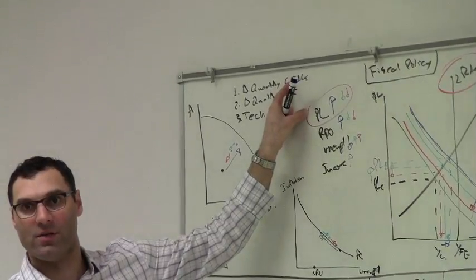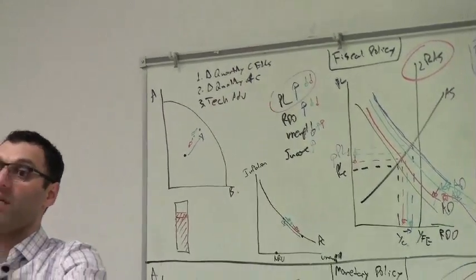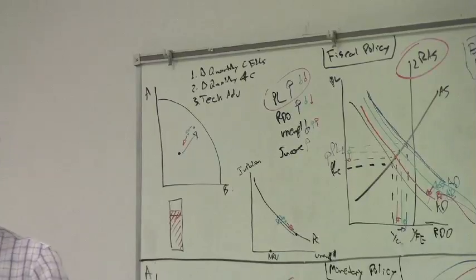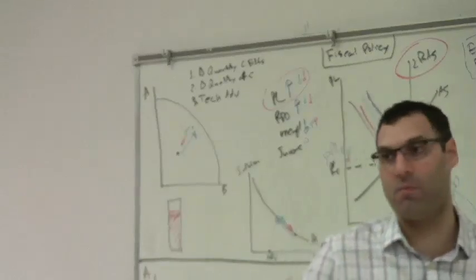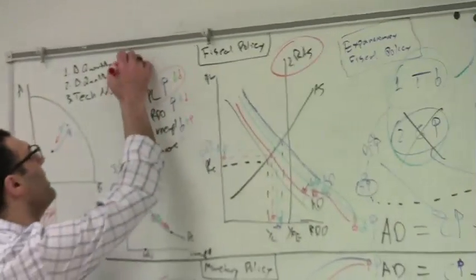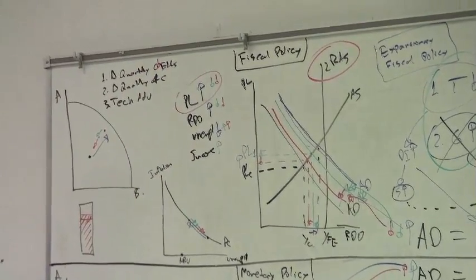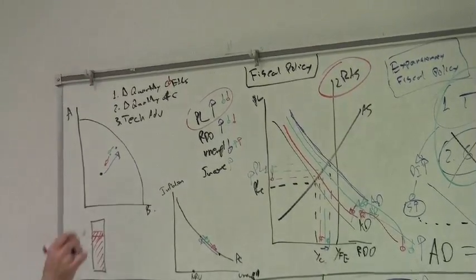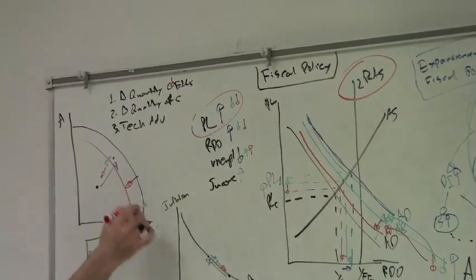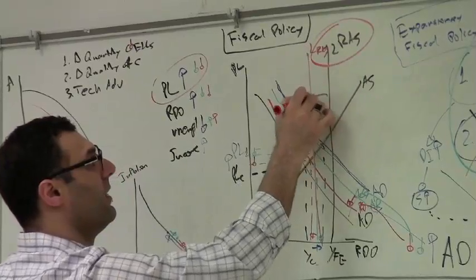Less, because investment is businesses investing in themselves. They're buying new machinery, tools, and equipment, and doing less of that because the cost of borrowing money is higher. So the quantity of capital decreases. If quantity of capital decreases, what happens to the production cost base frontier? It shrinks. And that's the same thing as the long run average supply curve, and it shifts to the left.